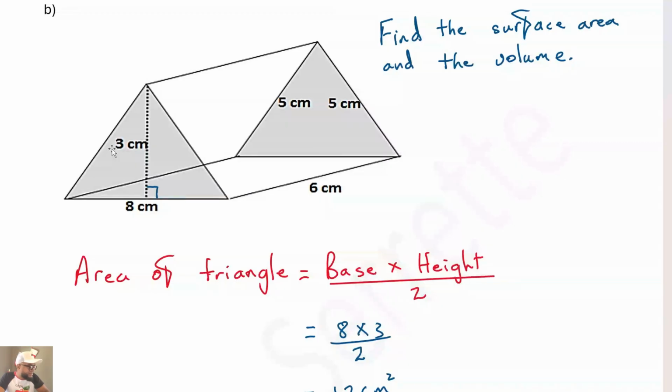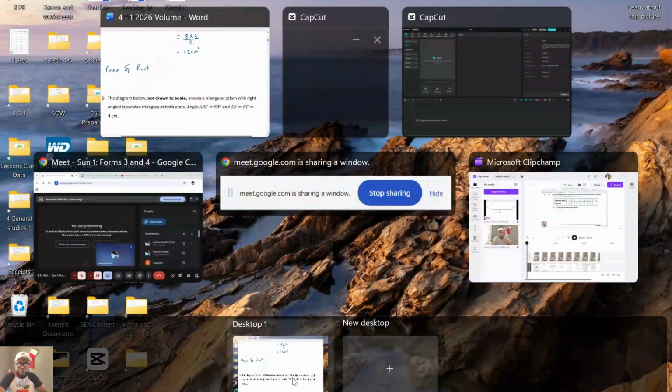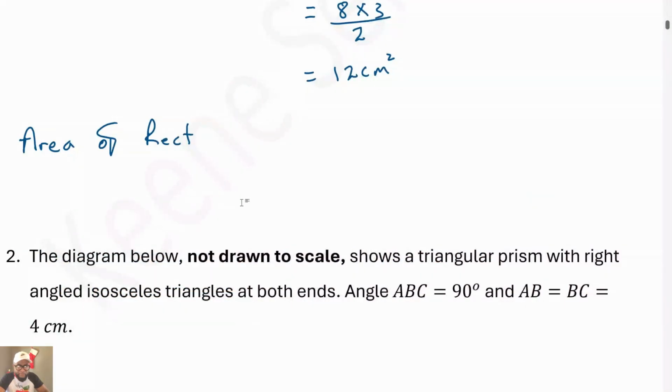You agree, Brendan? Yeah. So we have two rectangles that are actually 5 by 6, right? So I could put rectangle 1 and 2 will be equal to 5 length multiplied by breadth, which is 30. Right? So when you're working out this, you just multiply 30 by 2, right?